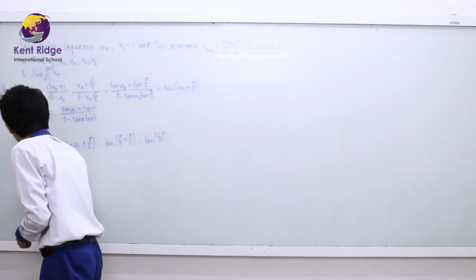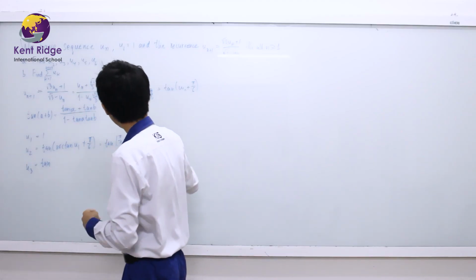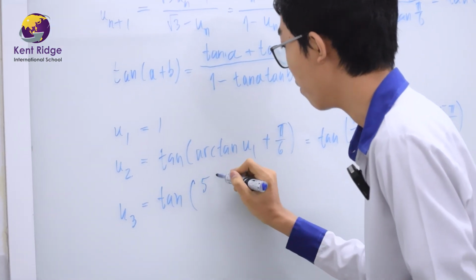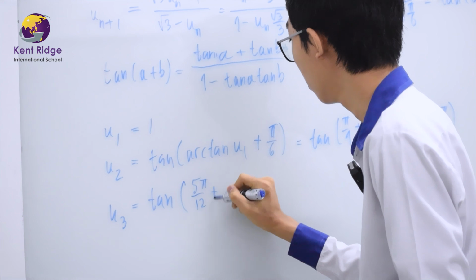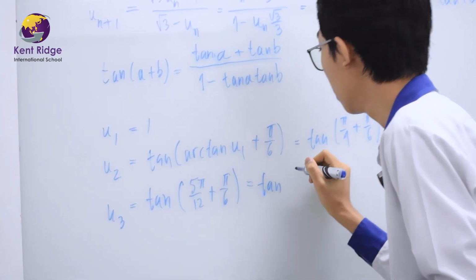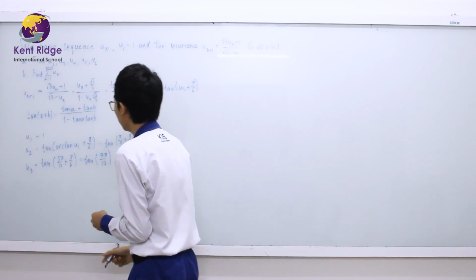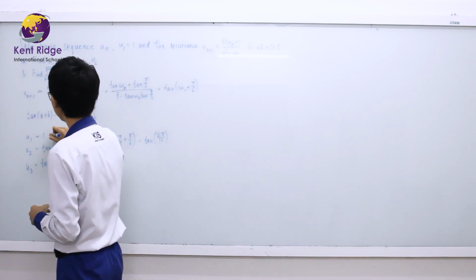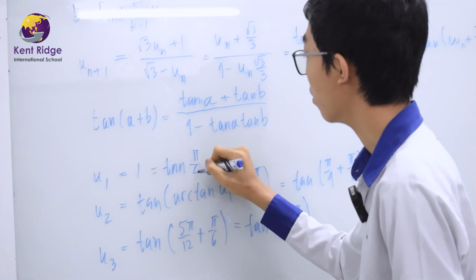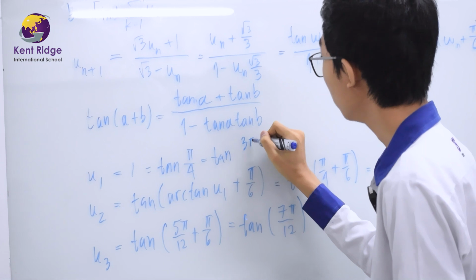All right, so we're going to do this for everything else. u3 is going to be tan, and arctan of u2 will just get rid of this, so we'll have this plugged in already: 5 pi over 12 plus pi over 6, which is tan 7 pi over 12. Now, if we revert this to its form of tan pi over 4, you would actually notice that there's a pattern here.